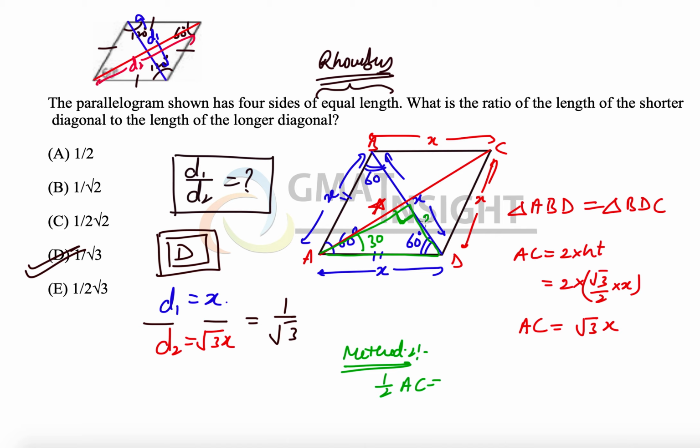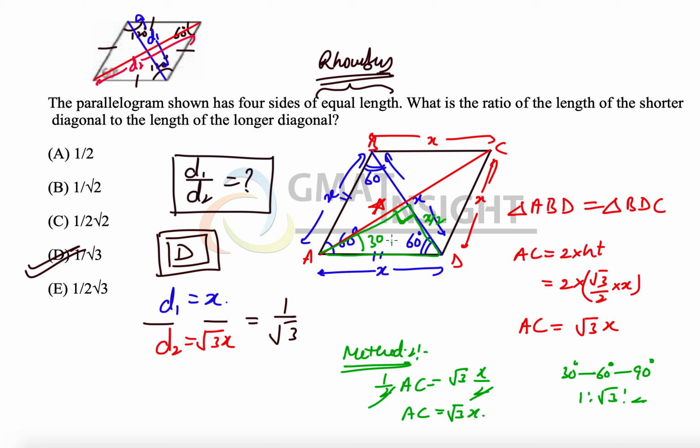The side opposite to 30 is x by 2, because it's half of this diagonal BD. So the side opposite to 60 will be root 3 times x by 2. Remember, I'm using the 30, 60, 90 property, in which the ratio of the sides is 1 to root 3 to 2. Now if you see this, you can again get AC equal to root 3 x. That's another method to answer the same question, right?